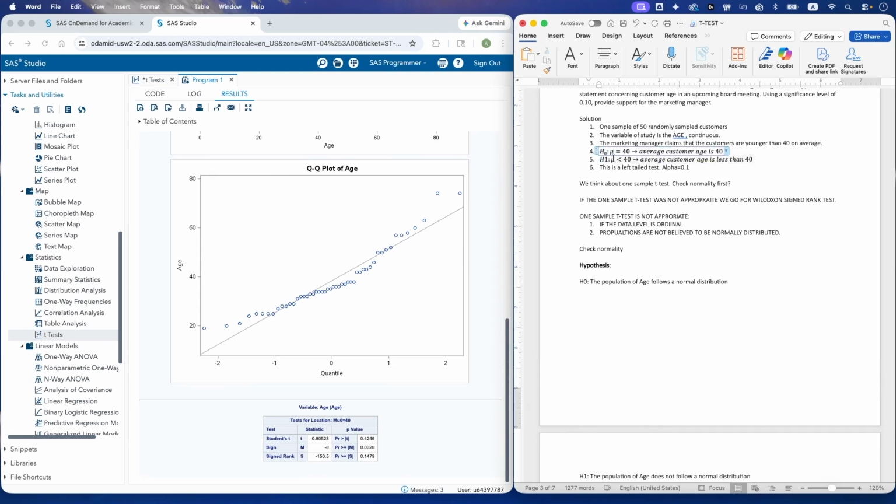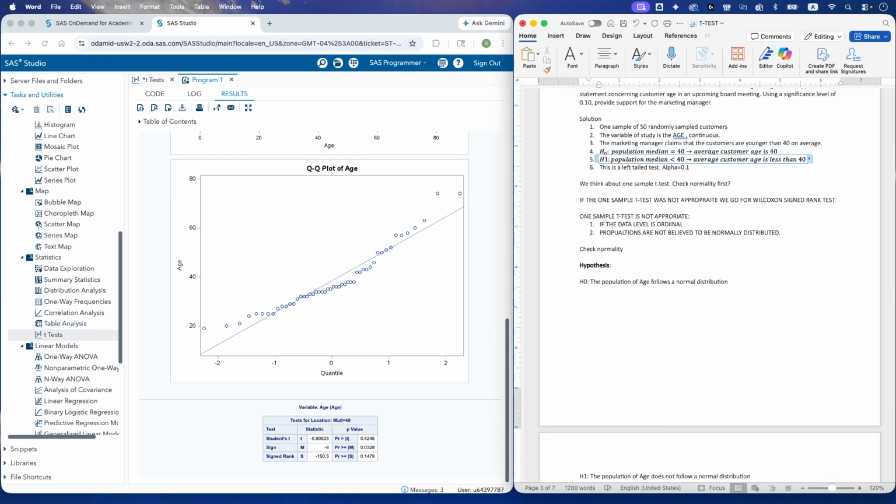Population median. Let me use a box. Population median, okay? I'm going to look at the mathematical formulas later. So the Wilcoxon test uses a population median.